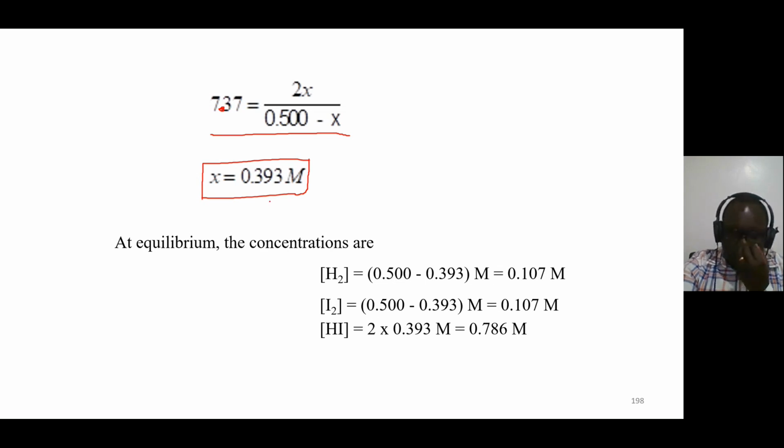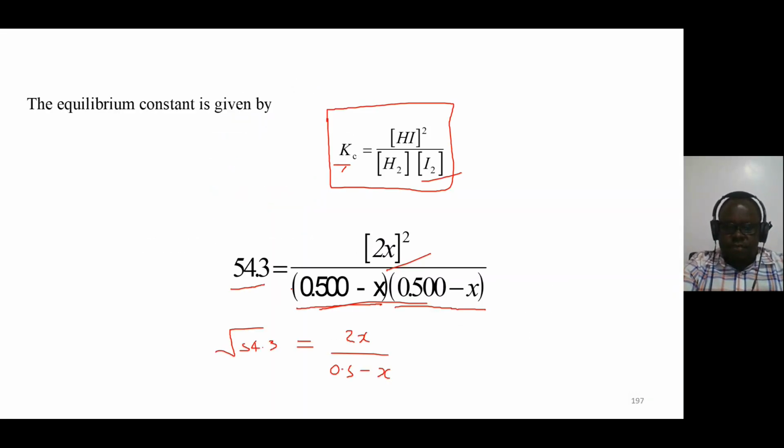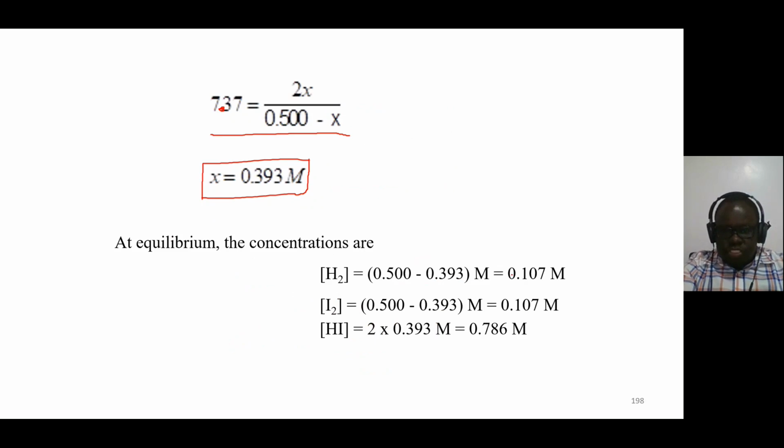So now, having that, we can find the equilibrium concentrations. The equilibrium concentration of H2 was going to be 0.5 minus X. So the value of X has been found in this case.